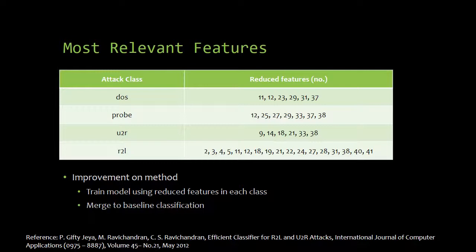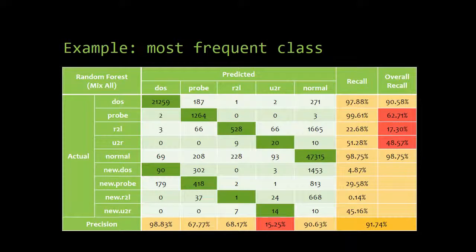So by doing this, I have the DOS training result, probe training result, U2R training result and R2L training result. One example of how I merge the results is, including the baseline result, I have 5 results for each record, and I pick the most frequent class for each record, and this is the result I have.